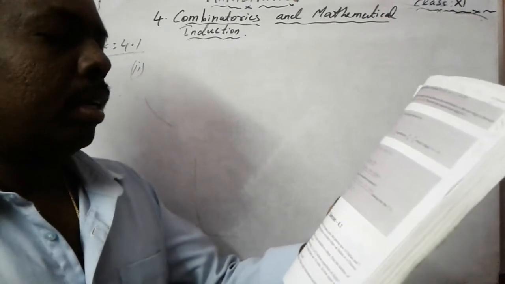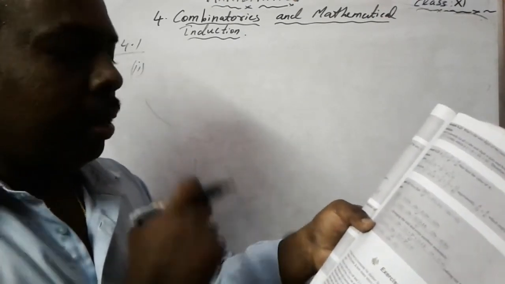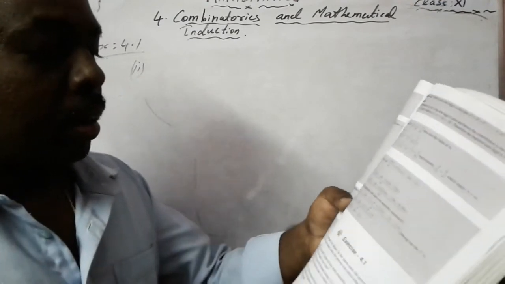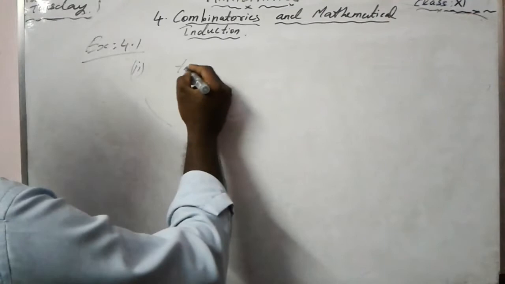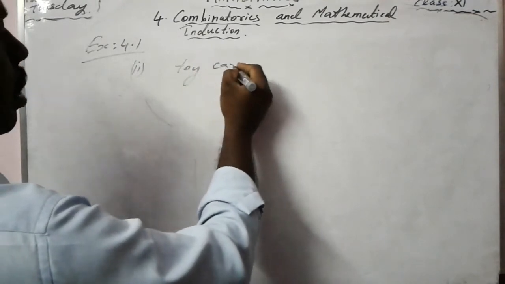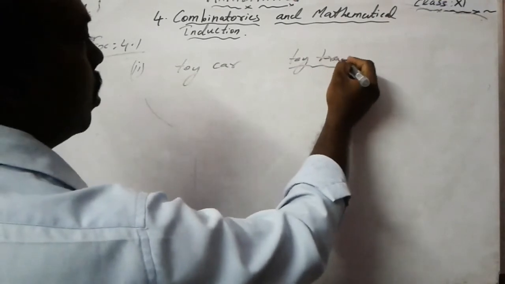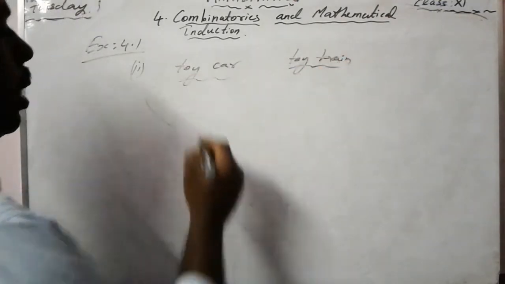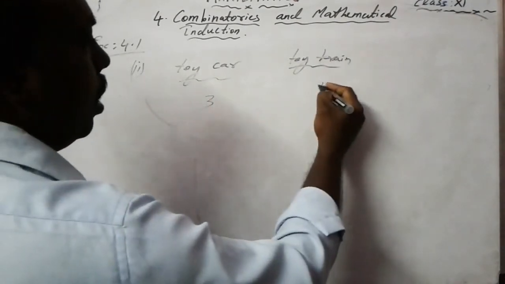So number of ways of selecting toy car is 3, and there are 2 toy trains.